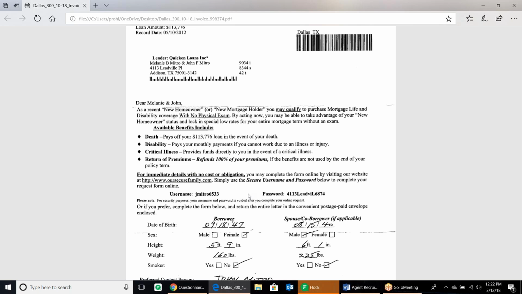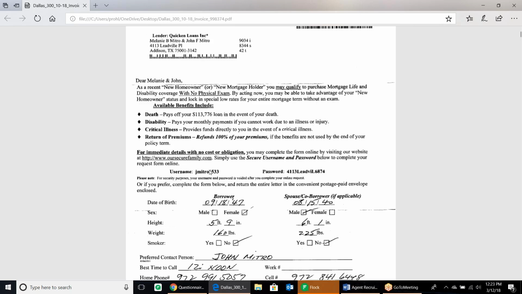Sometimes certain mailers that go out, based on the verbiage that they use and the bullet points or hot buttons like death, disability, critical illness, work better than others. So you'll notice this one is pretty much the same as the initial one we looked at.